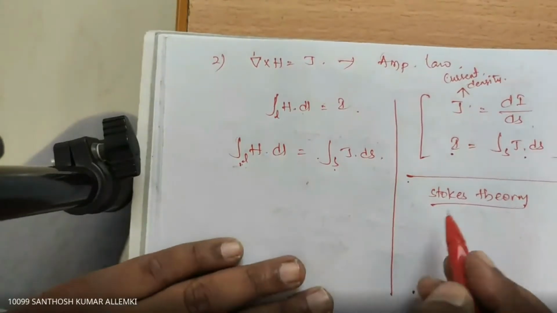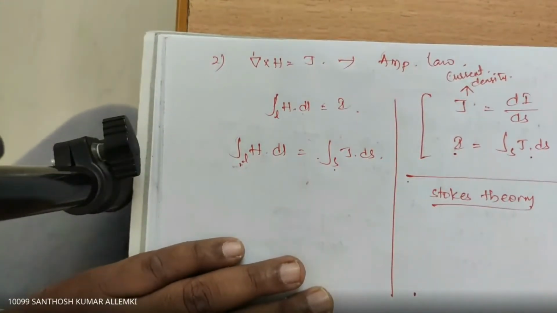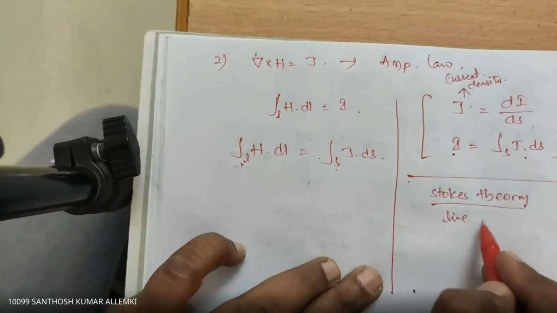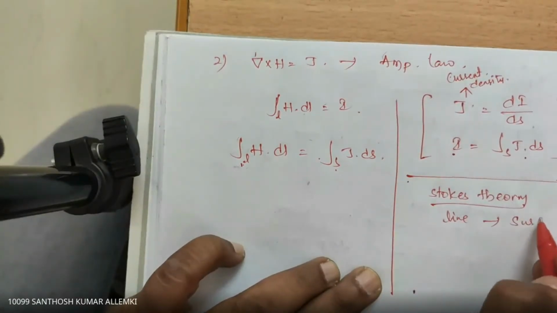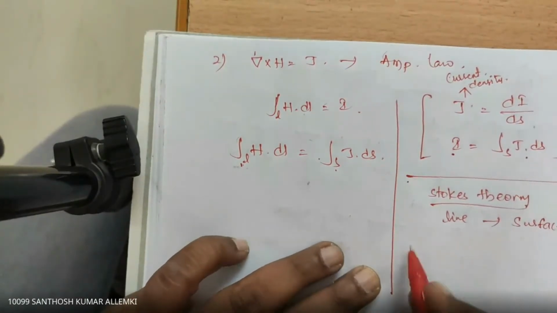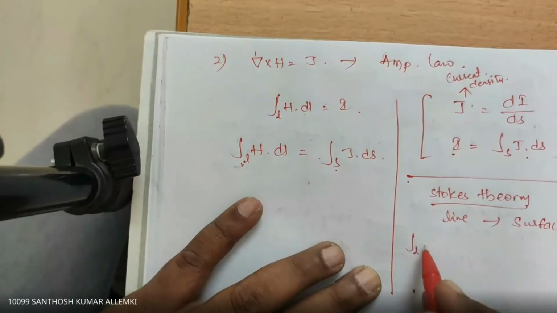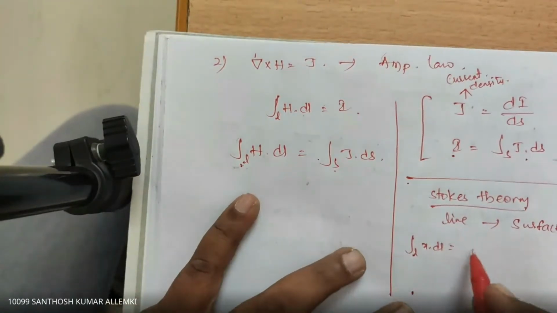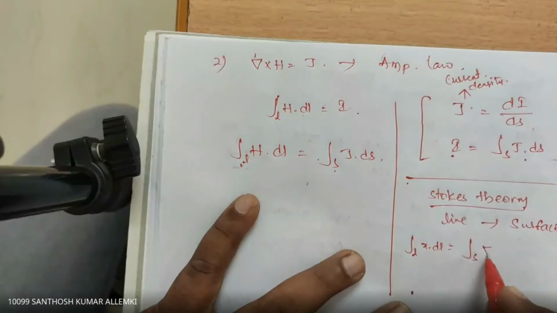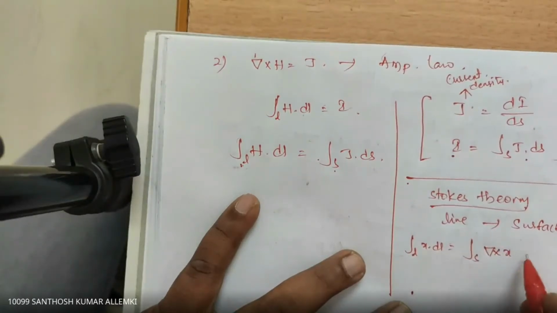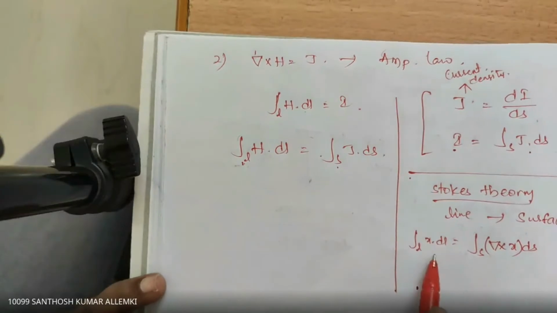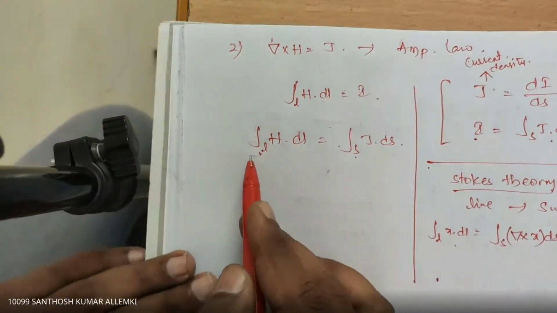Stokes theorem is the same as the divergence theorem, converting a line integration to a surface integration. It can be represented as the line integral of X dot dl is equal to the surface integral of del cross X with ds.